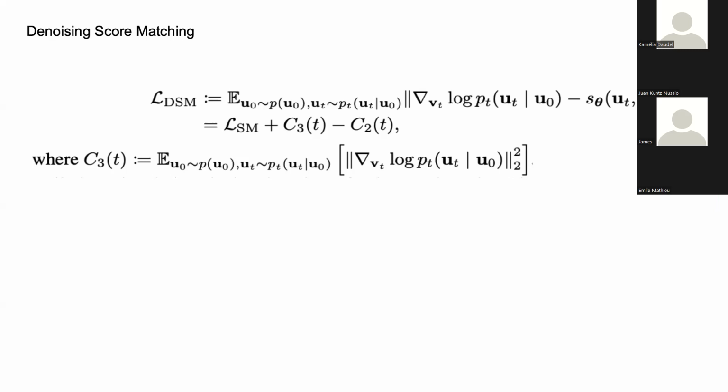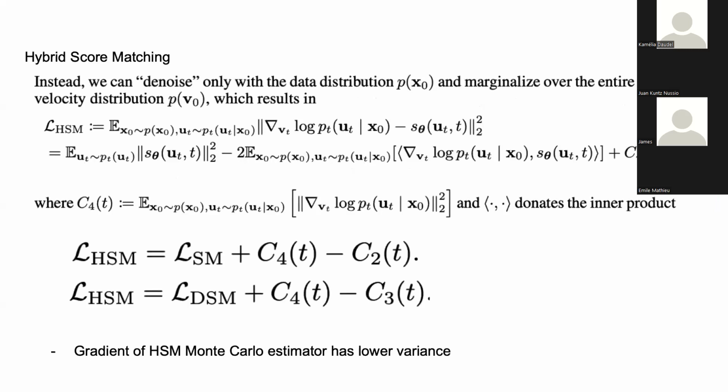Now, what's the interesting part? Another contribution of the paper is coming up with what they call the hybrid score matching. Instead of denoising towards the data, or the full state space, U0 or X0 in the case of regular score matching, in this augmented space you only denoise conditioned on X0 rather than U0.